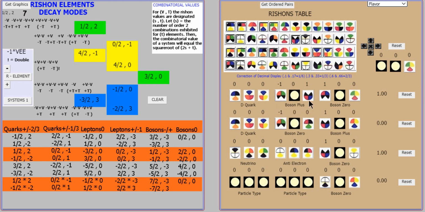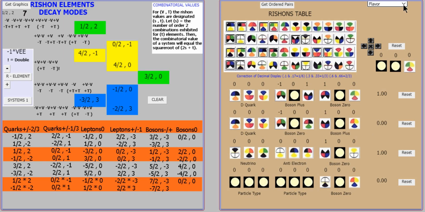But now one of the components has been emitted, and we only have the T dual relating Rishon providing a minus 1 spin for the B quark. And so that is the flavor that's indicated by the standard model. And we have the boson plus carrying away a spin of 1.